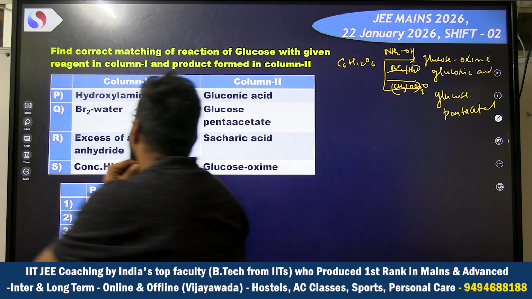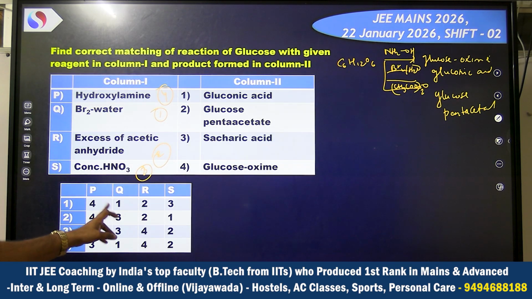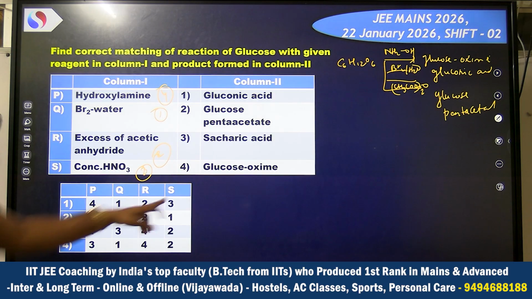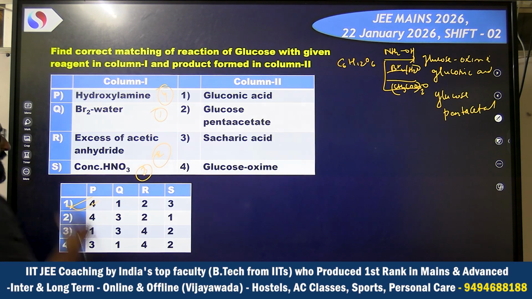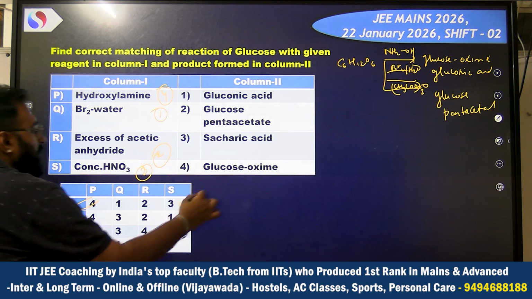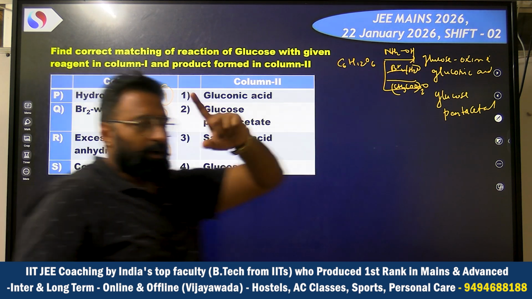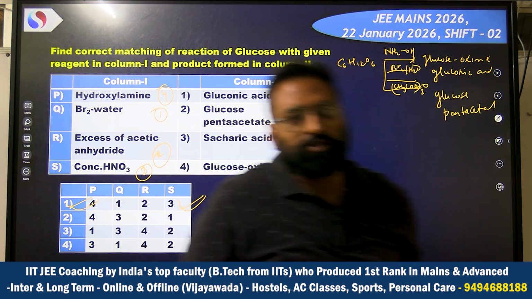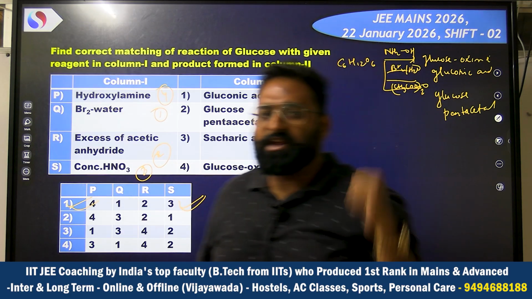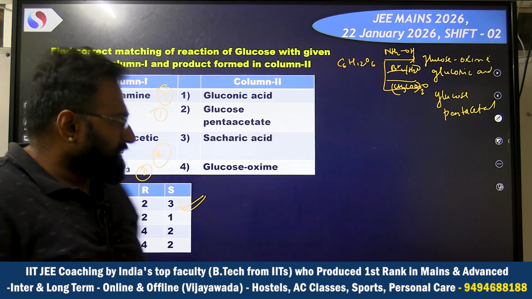So P is fourth, Q is 1, R is second, S is third. So option number first is correct. Direct NCERT, the properties of glucose. These reactions are directly from NCERT.